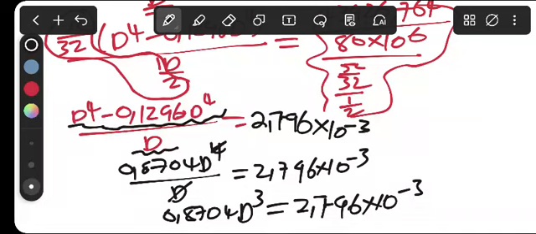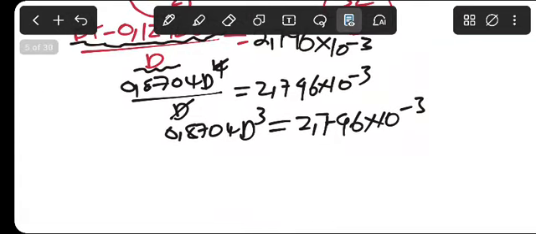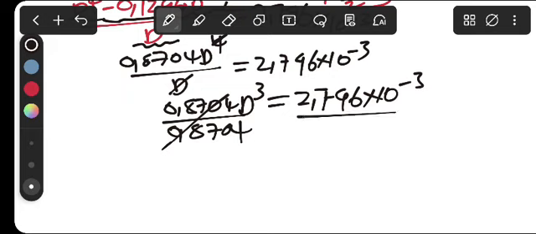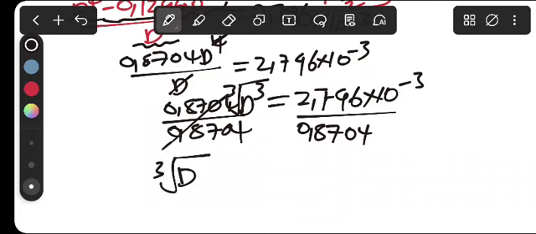By the way, then we know, divide by this both sides. Then take cube root both sides.